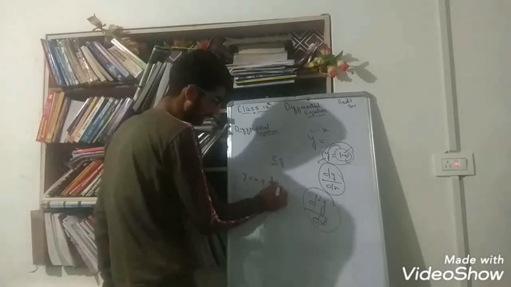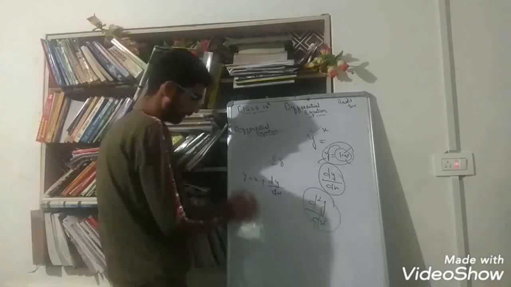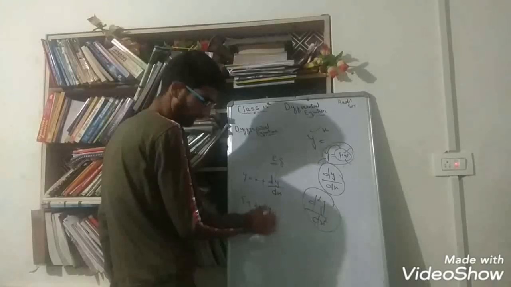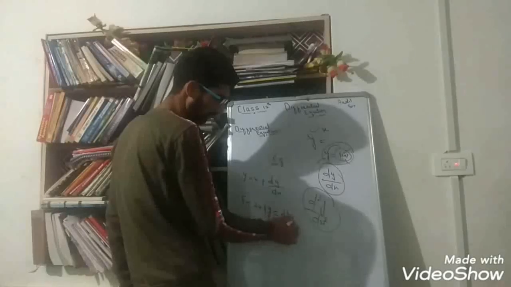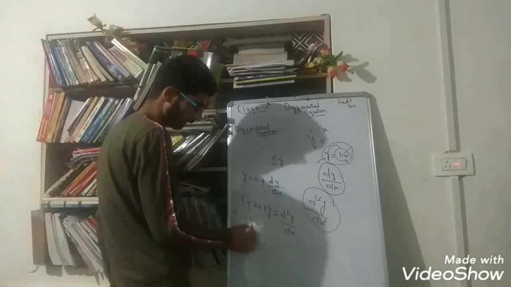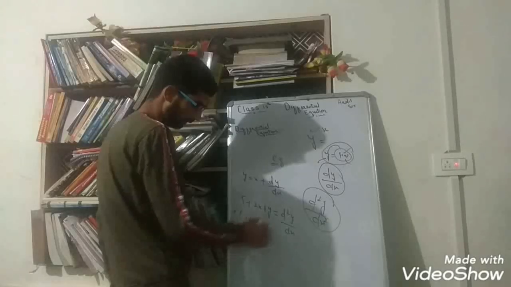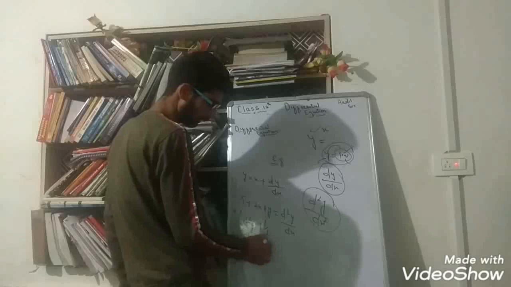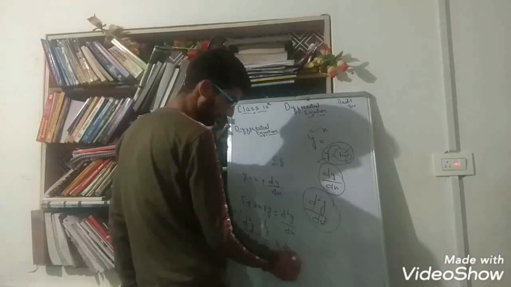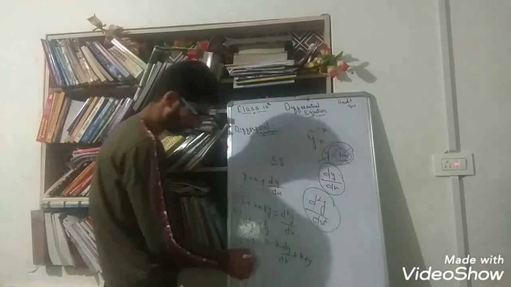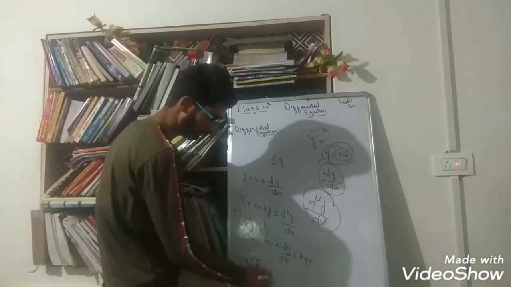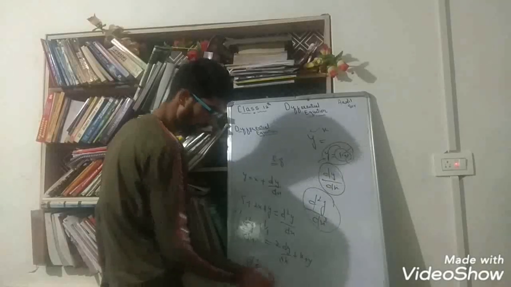That means either it has dy by dx, or an equation like 5 plus 2x plus y equals d squared y divided by dx squared, or an equation like (d squared y divided by dx squared) to the power 1 by 3 equals 2 dy by dx plus x plus y, or d squared y by dx squared equals dy by dx. Now you check these equations.